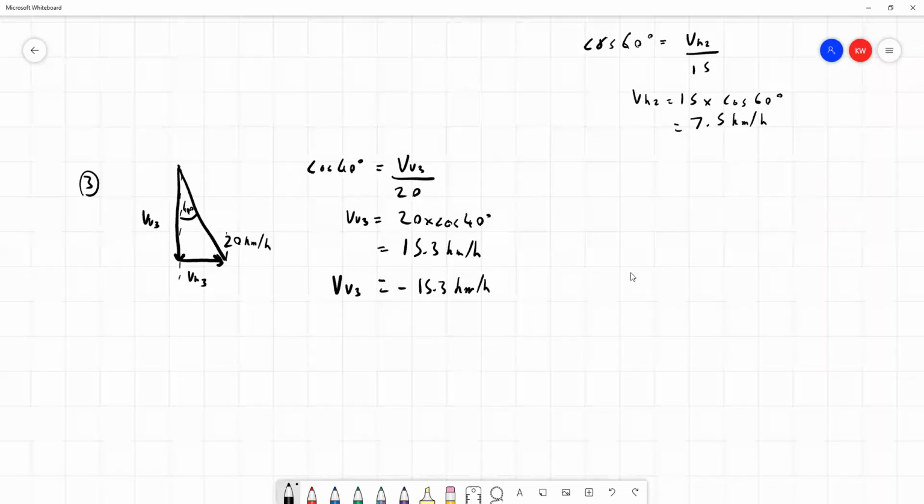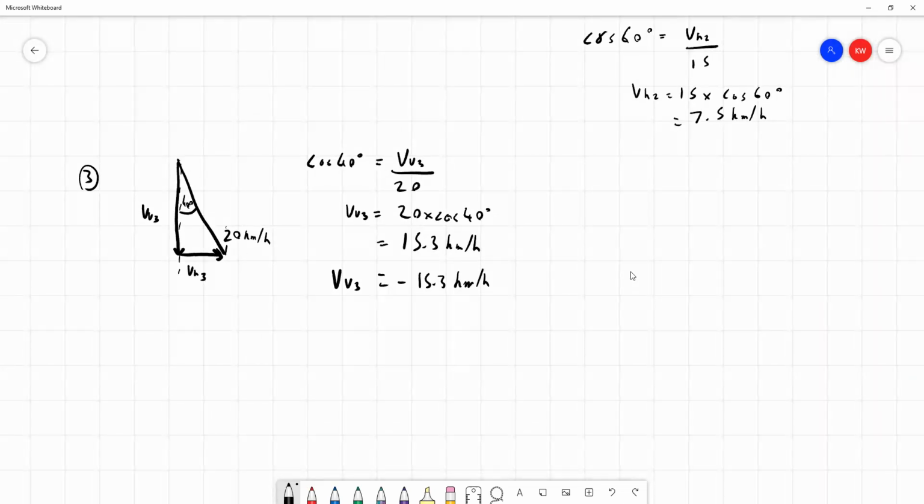Now to find the horizontal component, we'll use sine this time. So sine 40 is equal to the opposite in this triangle, which is our horizontal component, divided by the hypotenuse. So the horizontal component of vector 3 is 20 times sine 40 degrees. And that's equal to 12.9, one decimal place, kilometers per hour.